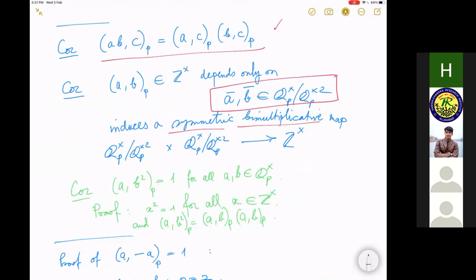Residue is not the right word, perhaps. On the equivalence class of a and b modulo Q_p star squares. So basically this Hilbert symbol is a symmetric bimultiplicative map from Q_p star modulo squares times Q_p star modulo squares into Z star.